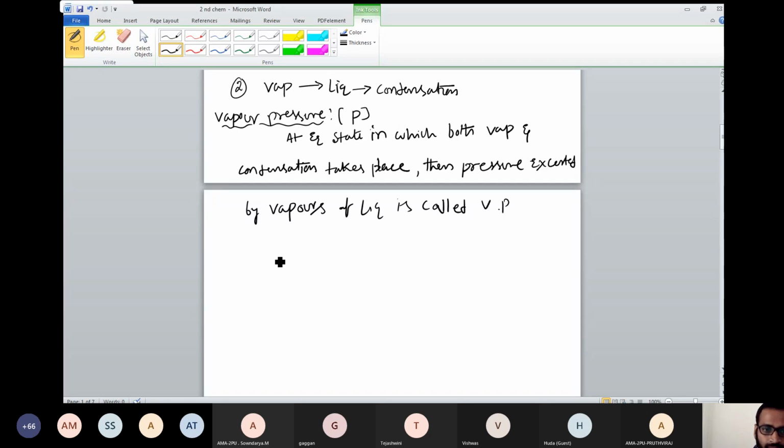So we have an idea now of the vapor pressure of a pure solvent. One more thing we have discussed, that is LVP, lowering of vapor pressure.